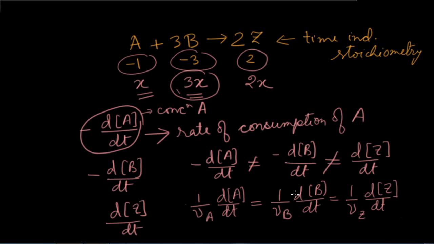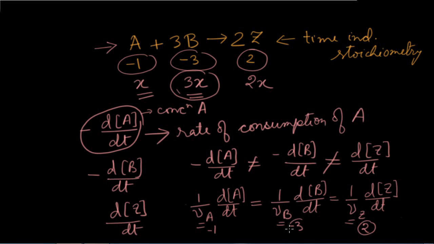This is the simple relation where nu_A, nu_B and nu_Z are the stoichiometric coefficients of A, B and Z respectively. That means for this specific example of reaction, instead of nu_A we have to put -1, instead of nu_B we have to put -3, and for nu_Z we have to put 2.